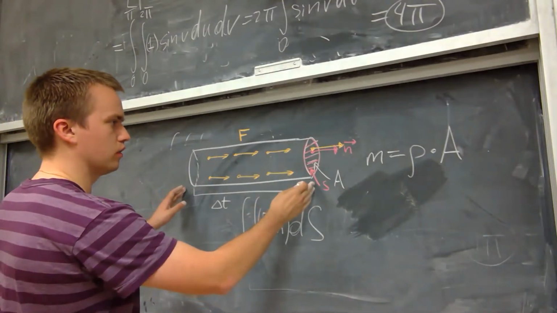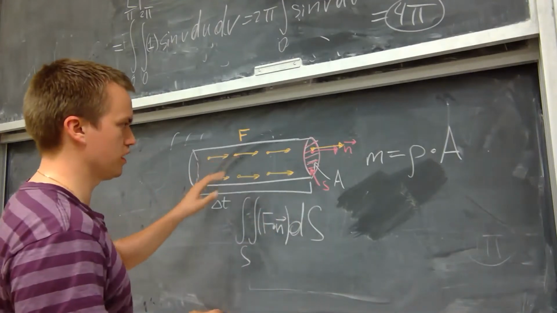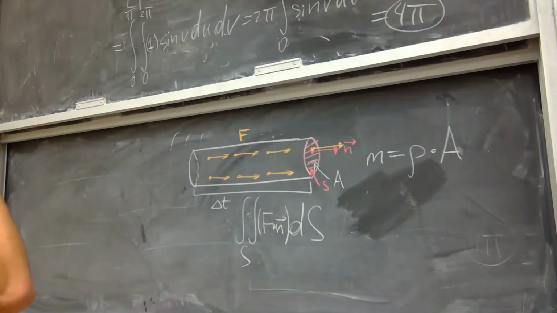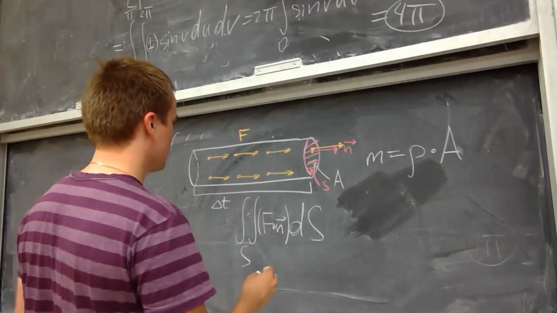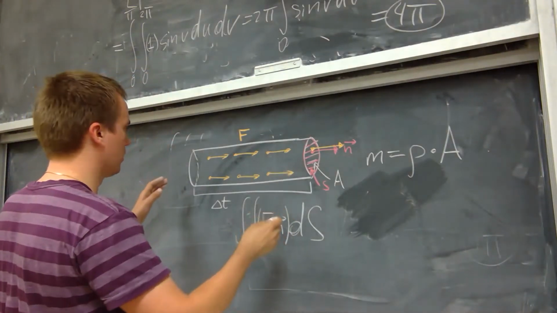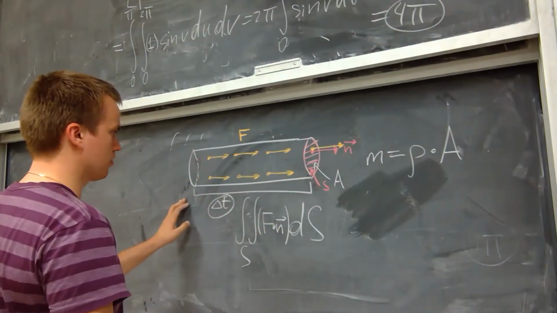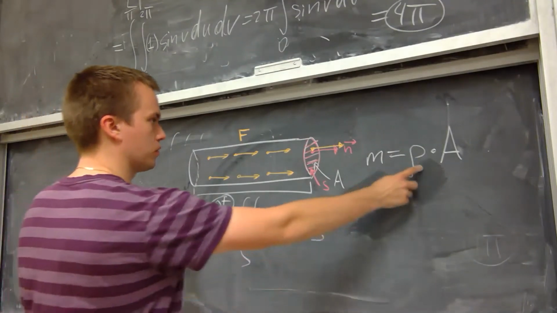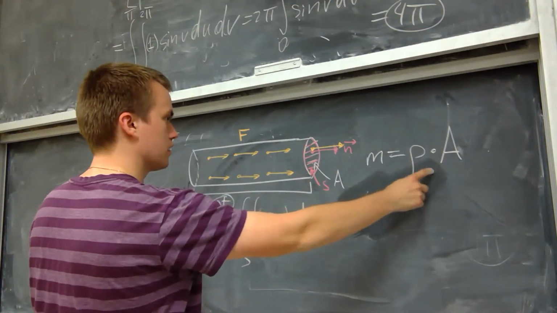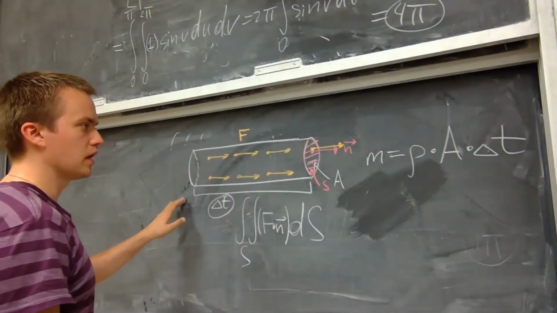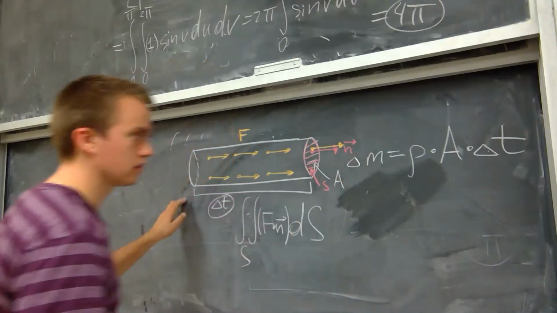So this is V. The amount of water that I have in this tube for delta T time is going to be rho times A times delta T, and this is going to be the change of my mass.